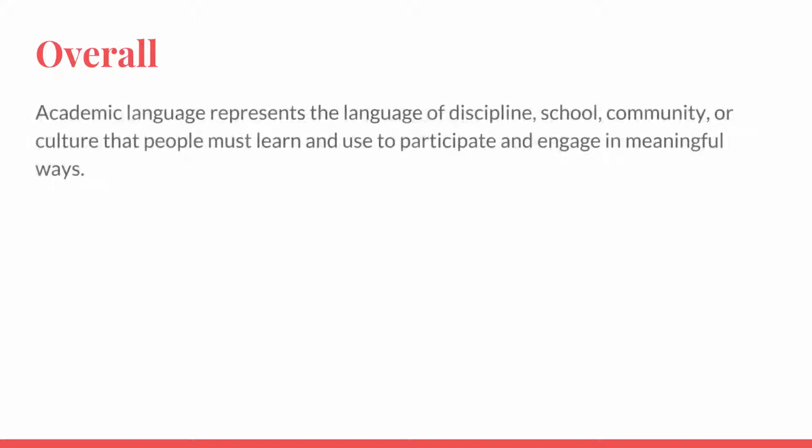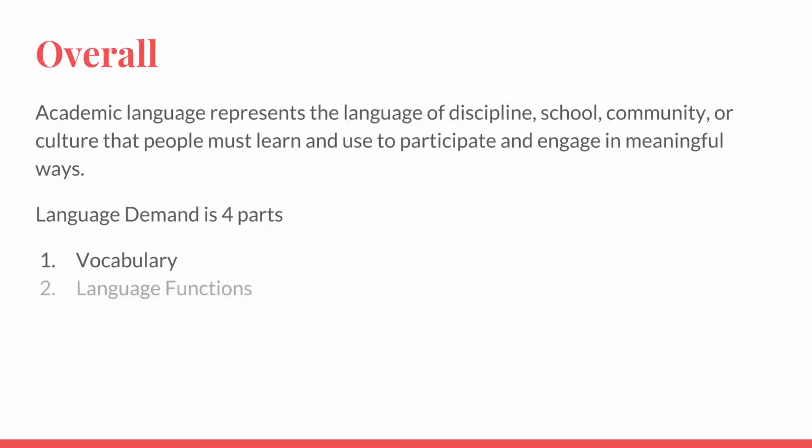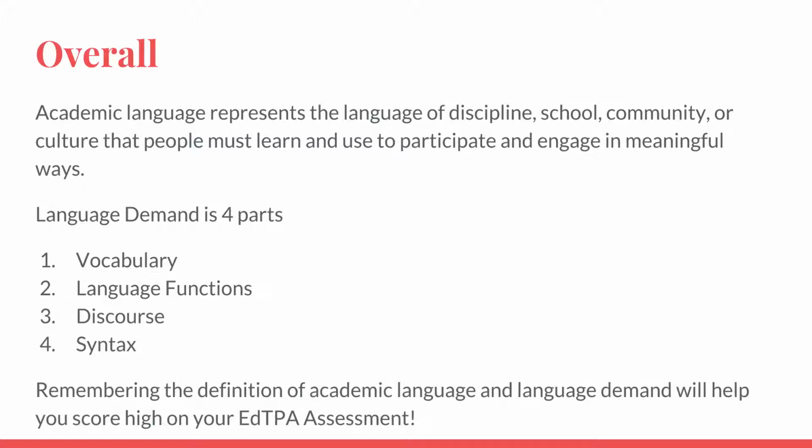Overall, academic language represents the language of discipline, school, community, culture that people must learn and use to participate and engage in a meaningful way. The language demand is made up of 4 parts again, and they are the vocabulary, the language function, discourse, and syntax. So remembering the definitions of academic language and language demand will help you score very high on the EdTPA.